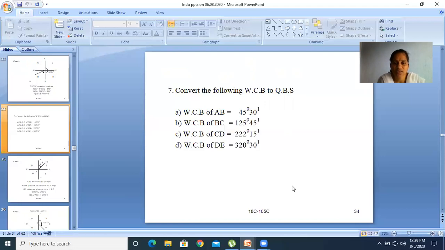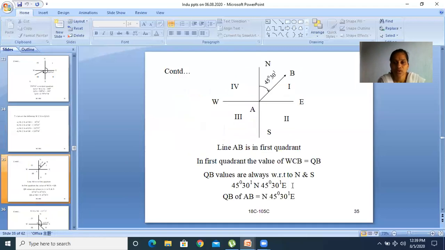CD, 222 degrees 15 minutes, is in the third quadrant. And WCB of DE, that is 320 degrees, so the DE line lies in the fourth quadrant. So like that you can note down.